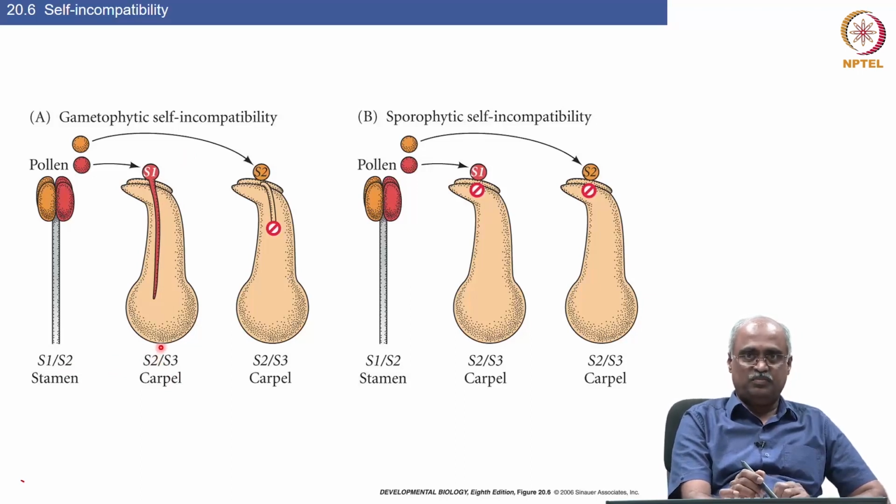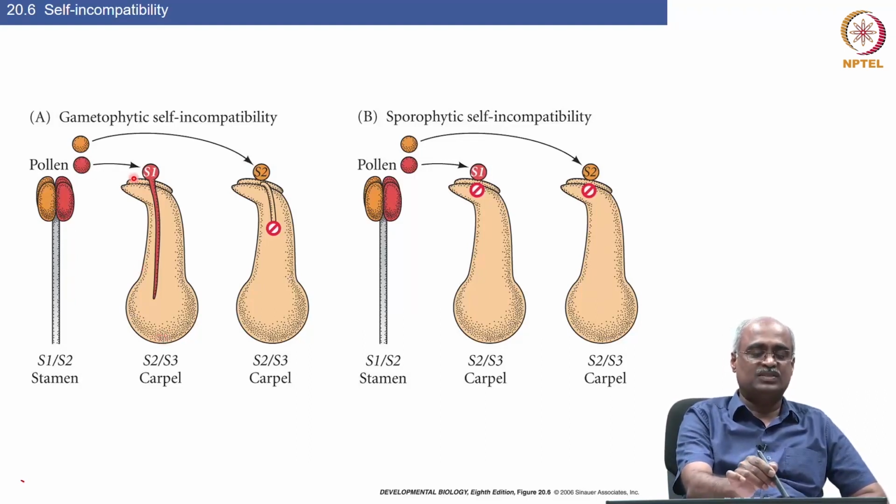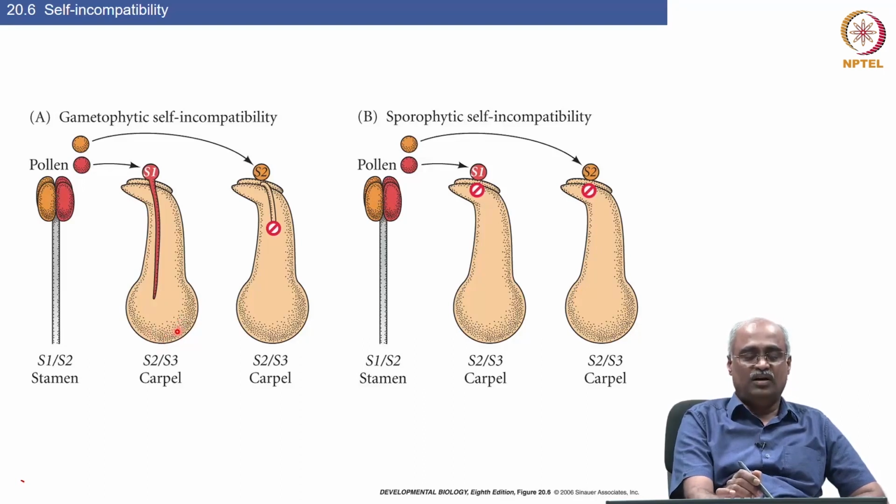Purely looking at the type of allele present in the gametes, this S1 does not match either of the two genotypes possible for the female gametophyte, which will be either S2 or S3. Therefore this is a compatible interaction, and you have the pollen grain germinating.